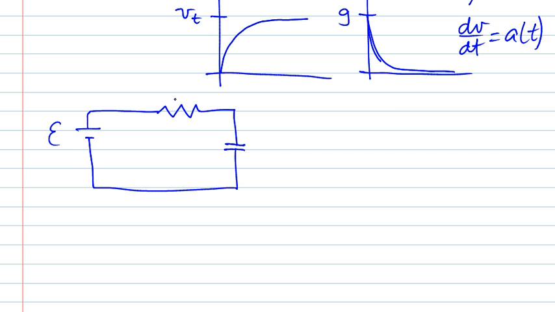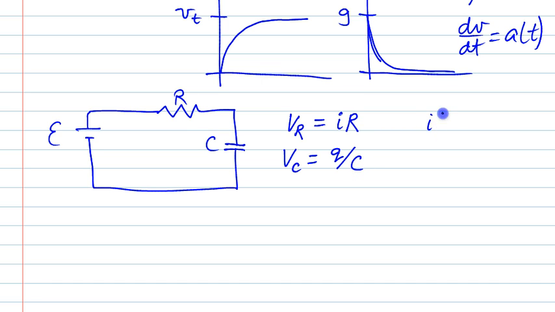And we know that if this is the resistor and capacitor, the voltage in the resistor is going to be equal to the current at any time times the resistance R, and the voltage in the capacitor will be equal to the charge at any time divided by the capacitance.